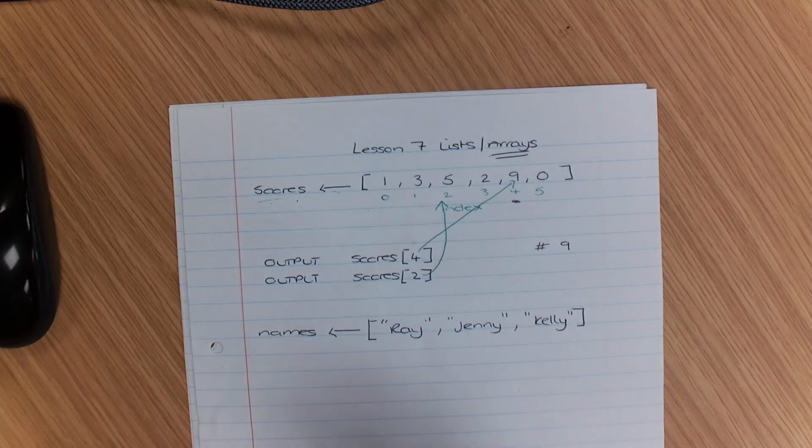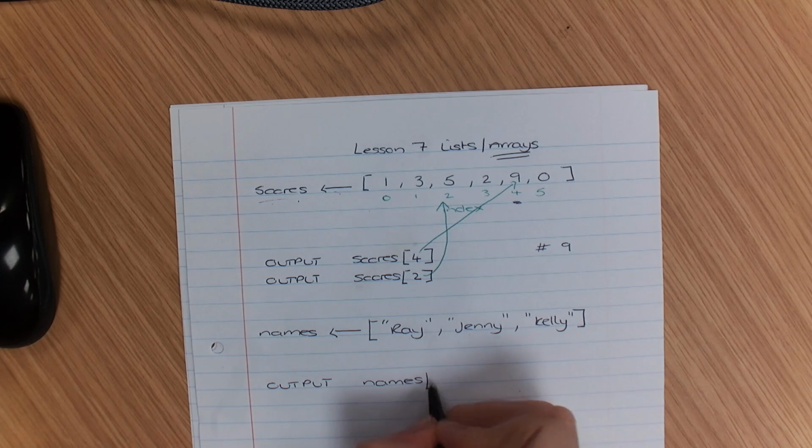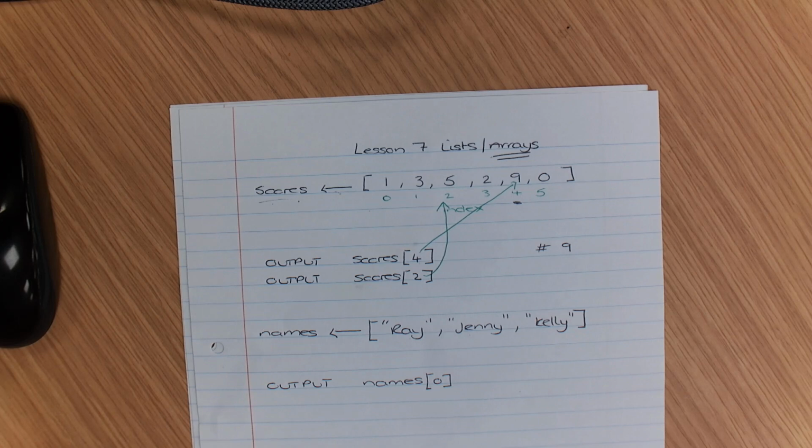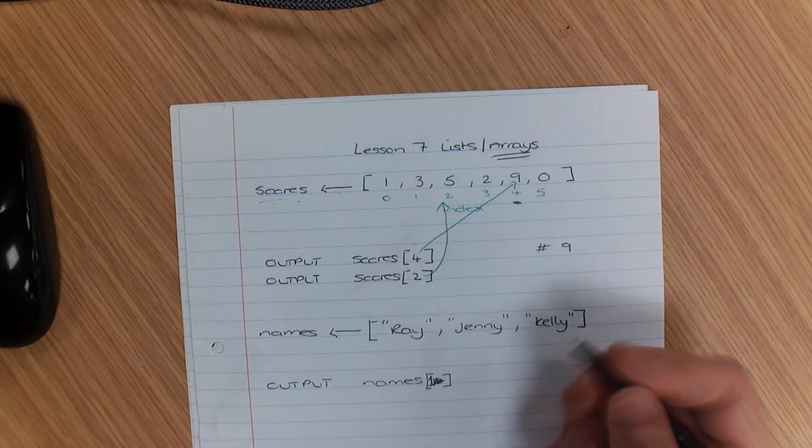Now if I wanted to output Jenny, all I need to do is type in output, and I'm going to put names, and the position is 0, is 1, apologies, 1.